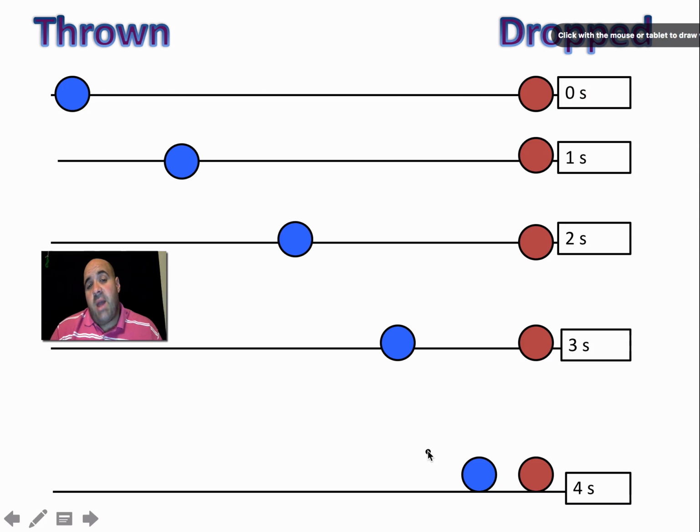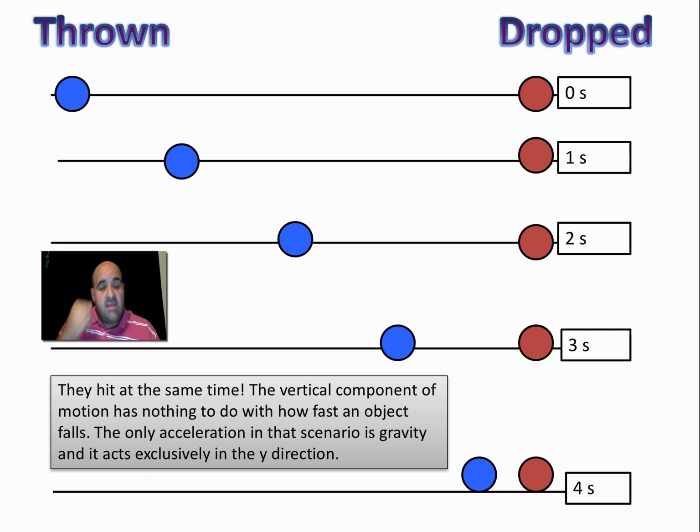Whether an object is dropped or thrown, they are going to fall at the same exact rate, 10 meters per second squared, in accordance with gravity. So that's a kind of a cardinal point we're going through. These objects hit at the same time, and there's a little text here. It might be something worth writing down. The vertical component of motion has nothing to do with how fast an object falls.